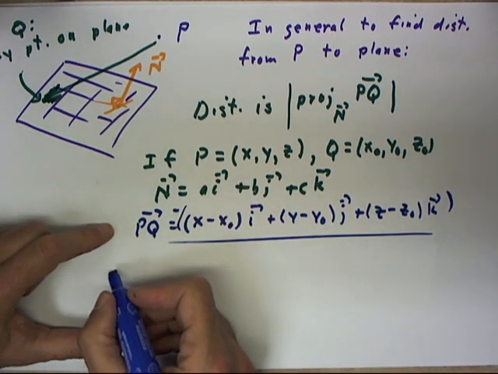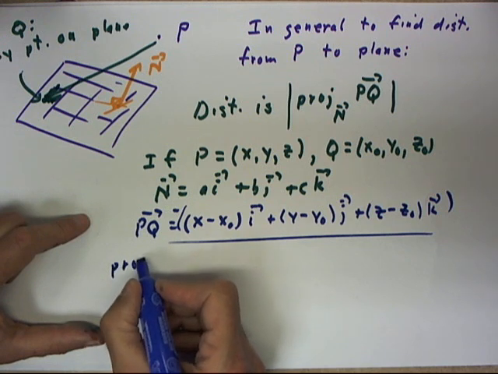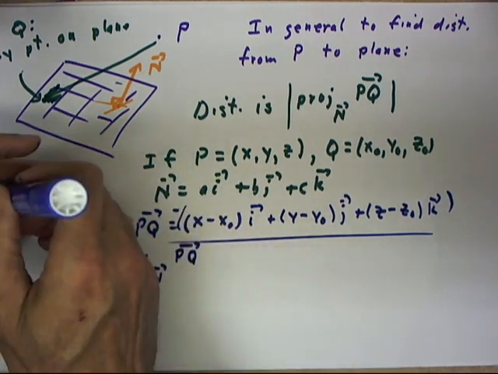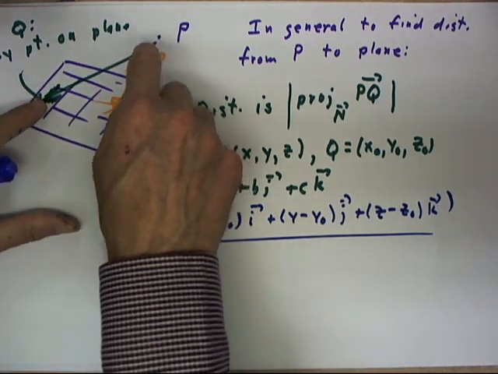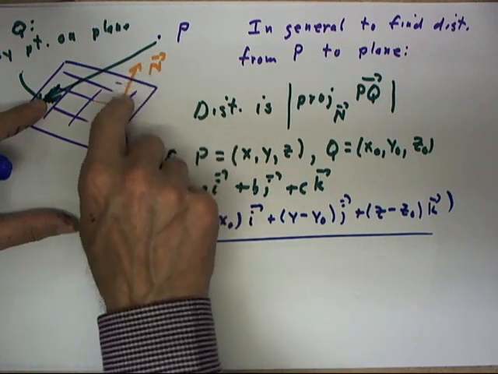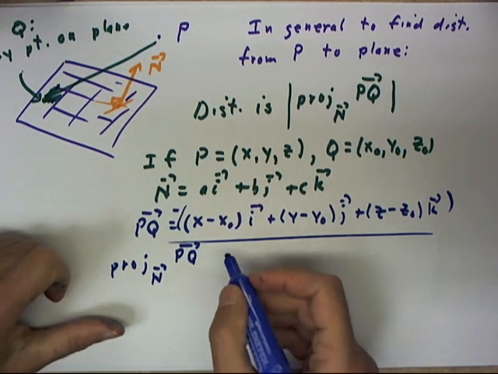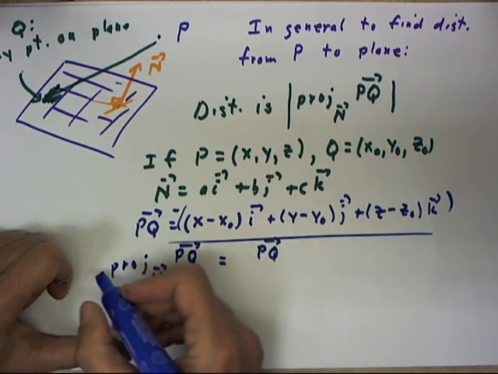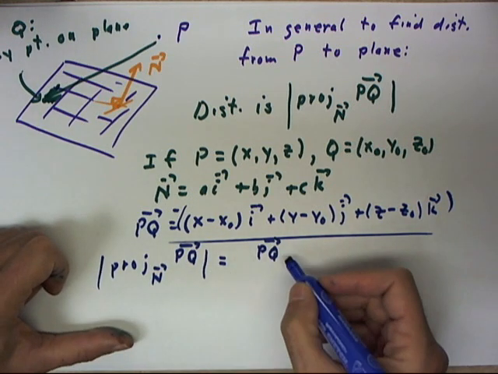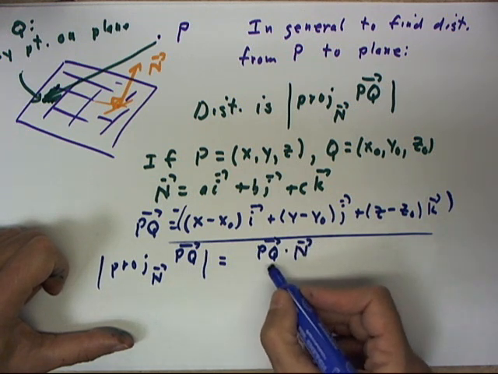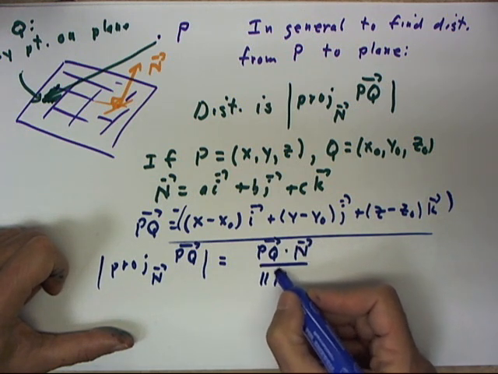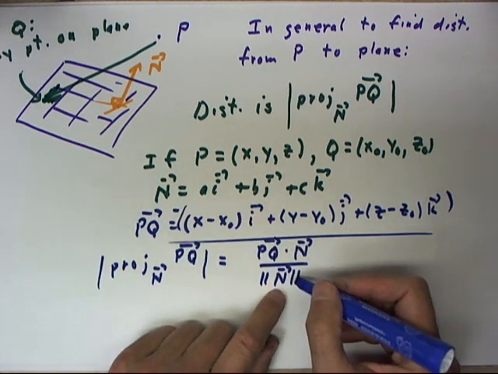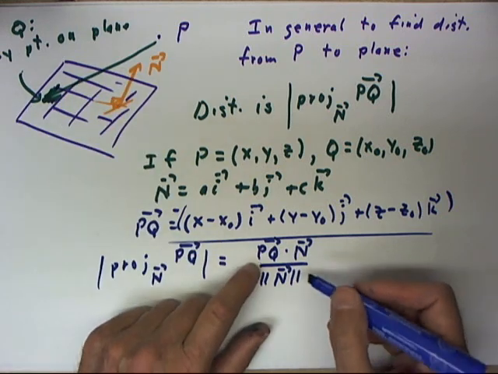and our normal vector equal to this, so that the projection onto n of PQ, which would correspond to the component of this vector in the direction of n, is equal to magnitude of PQ dot n divided by the magnitude of n, remembering that n divided by the magnitude of n is just a unit vector in the direction of the normal vector.